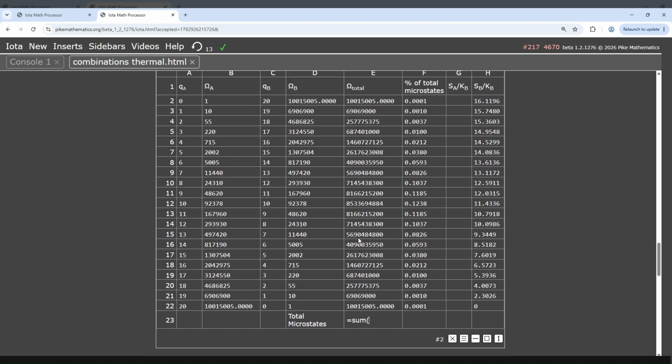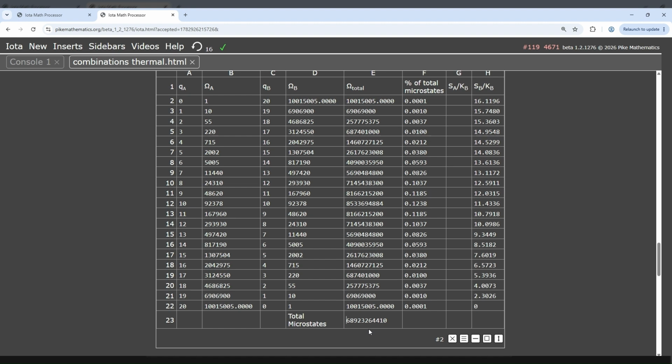It looks like E2 through E22. See what we get. All right, this is a big number. Looks like it's a little under 69 billion ways to arrange those 20 energy units into these two solids.